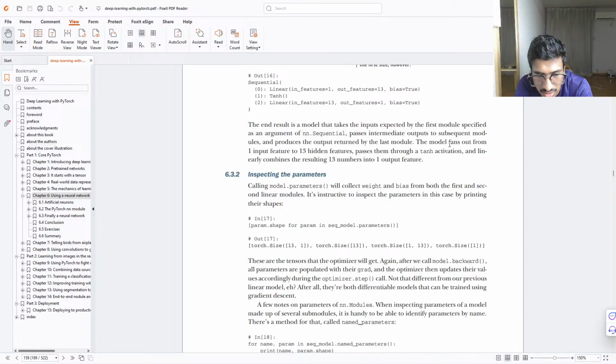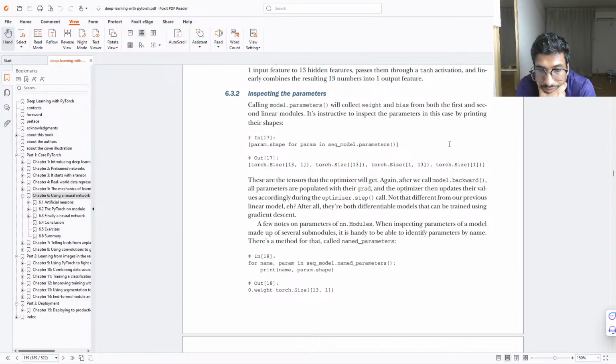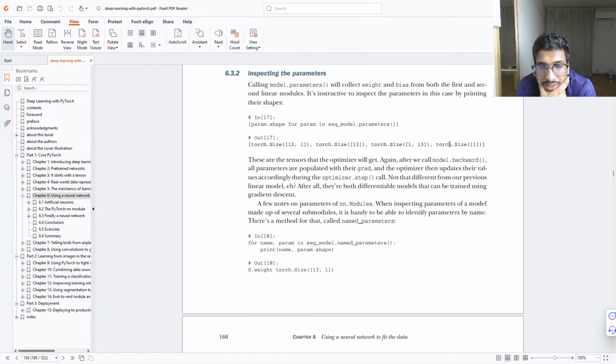Inspecting the parameters, calling model.parameters will collect weight and bias from both the first and second linear modules. It's interesting to inspect the parameters in this case by printing their shapes: param.shape for param in seq_model.parameters(). These are the things that our optimizer will get.